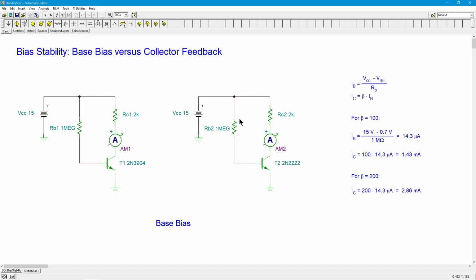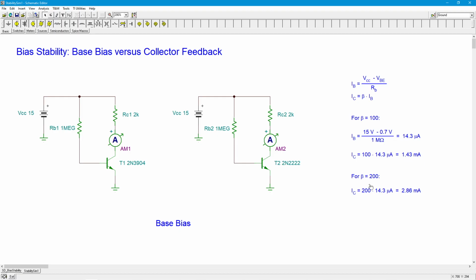Now, just so that we can bookend our calculations, I don't know precisely what the beta for this device and this device are going to work out to, but I'm going to throw out some low and high numbers, so we'll tell very quickly if what we have makes sense. First, a beta of 100: take your base current, multiply it by 100, and that's 1.43 milliamps.